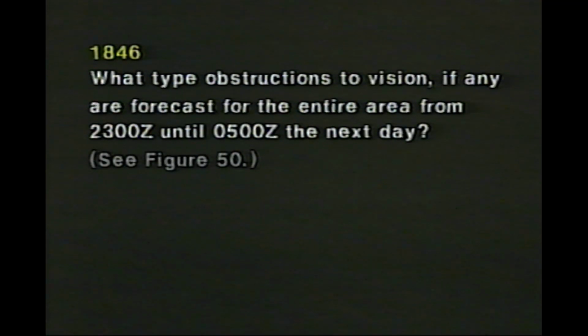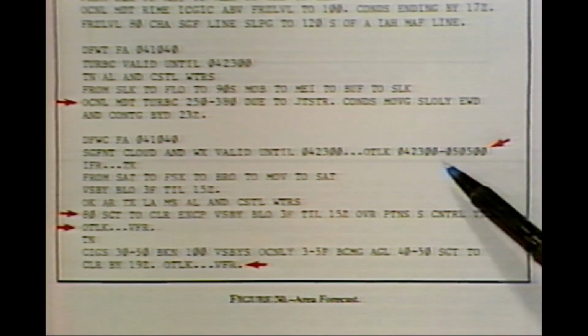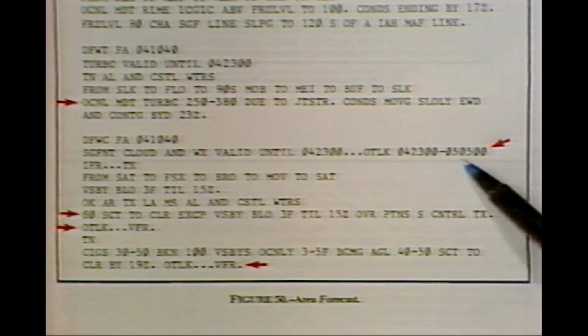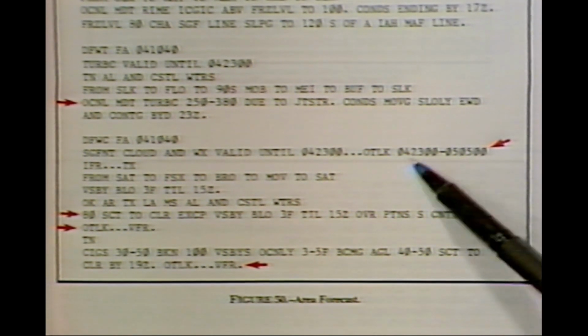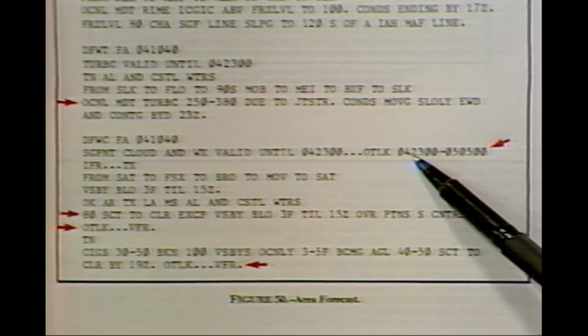What type of obstructions to vision, if any, are forecast for the entire area from 2300 Zulu until 0500 Zulu the next day? Again, referring to figure 50, we need to find that time group from 2300 Zulu to 0500 Zulu. And down on the bottom, we'll see a time group right here where it says 04. That means just the date on the 4th of the month.